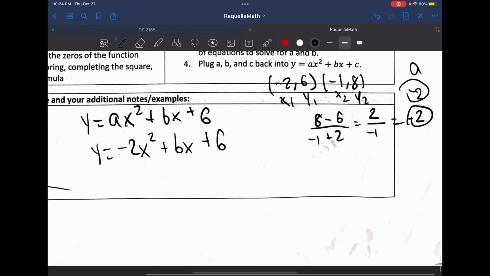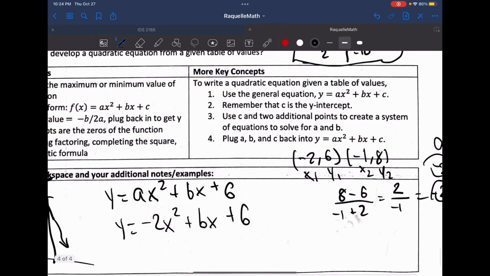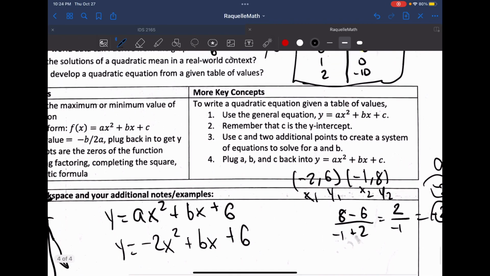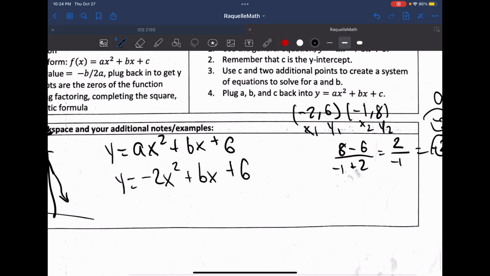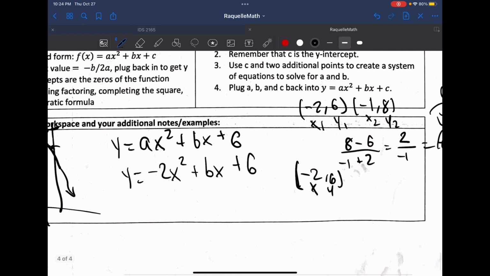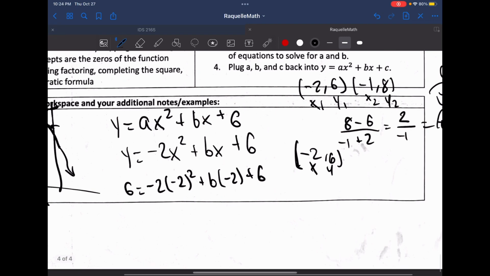To get b, I'm going to try to plug in an ordered pair. So I'm just going to go with -2, 6. So x, y. So y is 6 equals -2, and then x squared is -2 squared plus b times -2 plus 6. So this is 4.